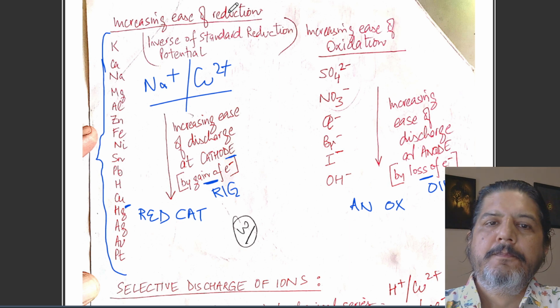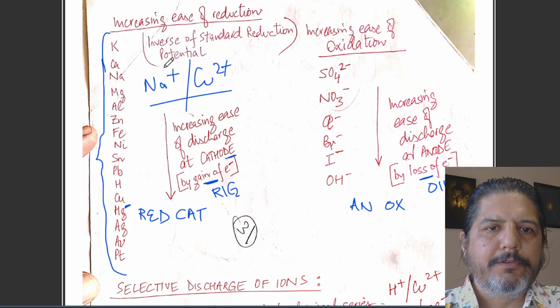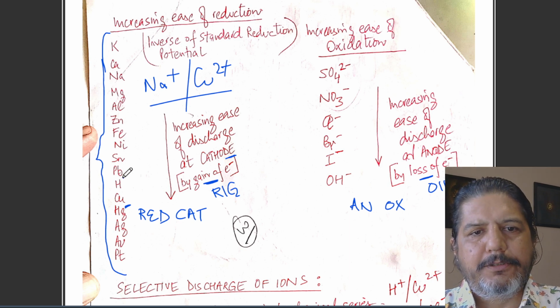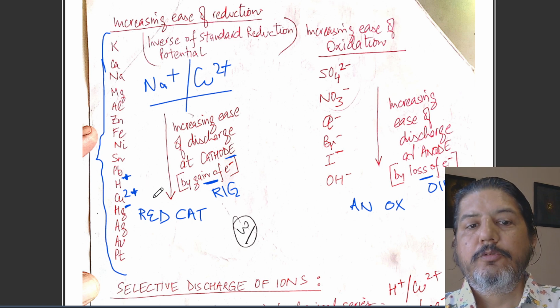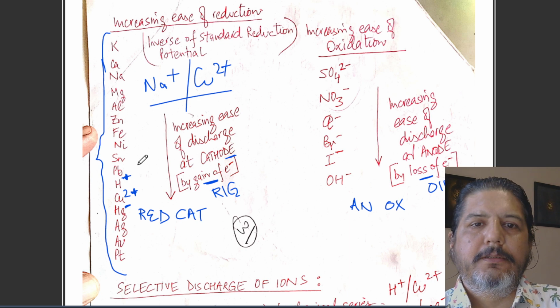Let me take an example. We have H+ and we have Cu2+. In this, Cu2+ will want to get discharged more.